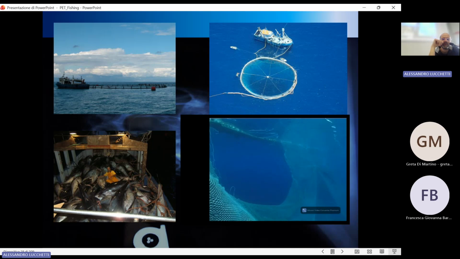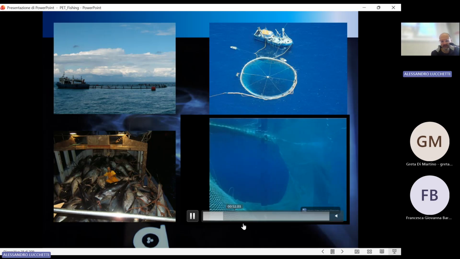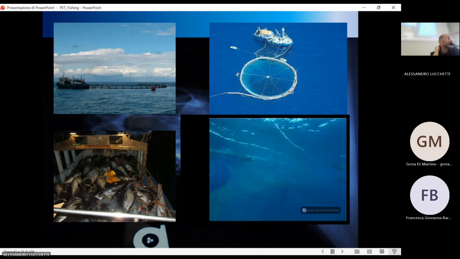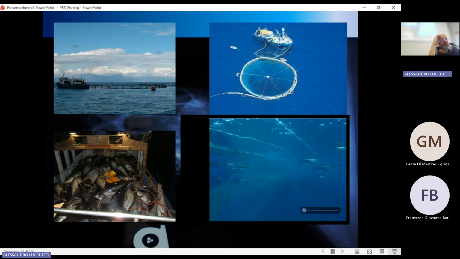That's why they also have divers, and there is software to assign a weight to each single specimen. But as you can see from the video, which is quite long, sometimes the catch is so huge that they make one haul and they finish their yearly quota.